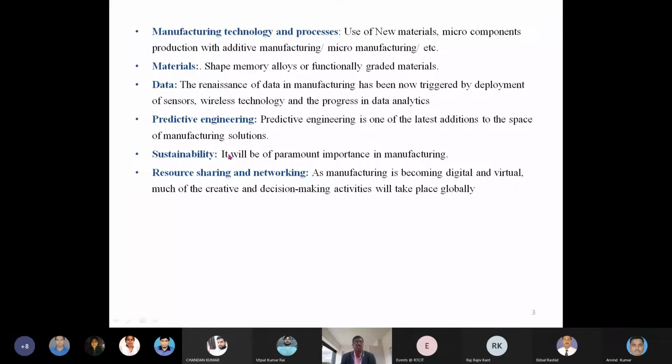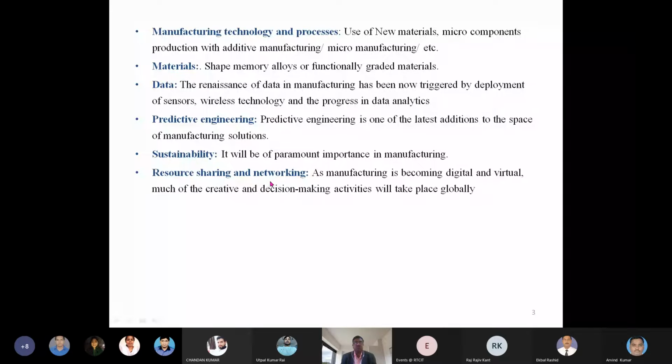Considering all three aspects of manufacturing, we need to design or derive the appropriate method for making the product. So that becomes paramount in smart manufacturing.